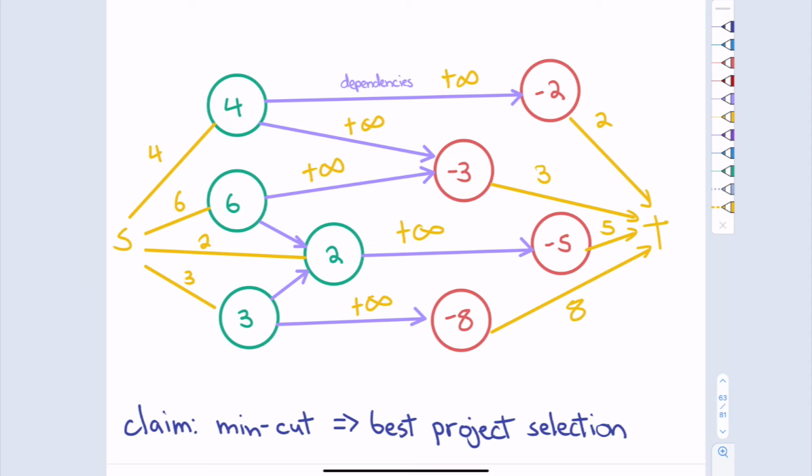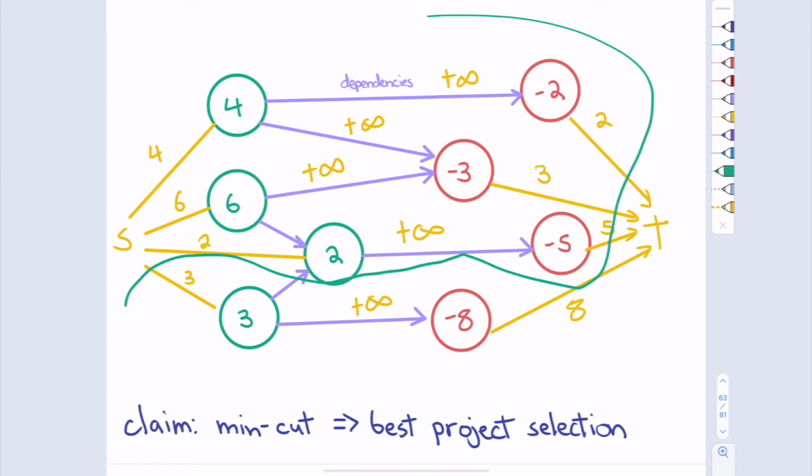Okay. So the claim is that computing the minimum cut will give you the best project selection, but sort of the value of the cut compared to the project value is going to be a little bit funkier. So let me, as an example, highlight what we believed was the best solution before, which was this. Okay, so we thought that those projects gave you a score of 2.